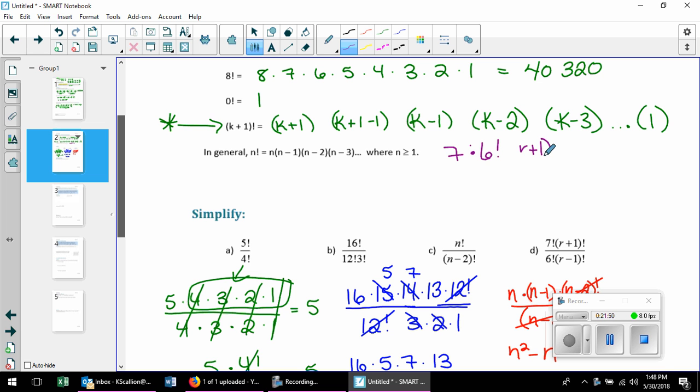(R plus 1)(R minus 1) factorial, all over 6 factorial (R minus 1) factorial. So I'm left with 7R squared plus 7R. Woo! Easy.